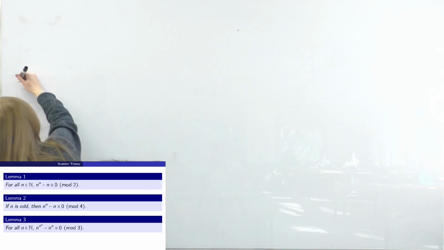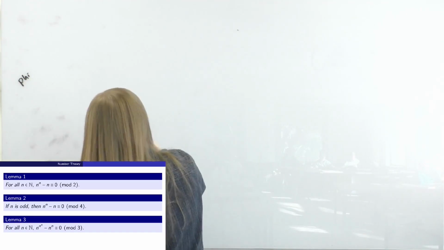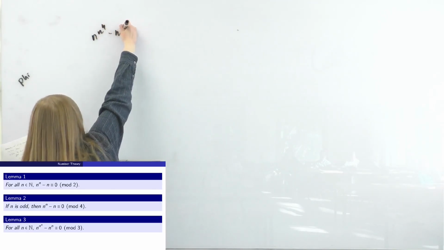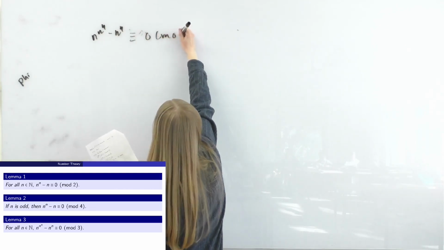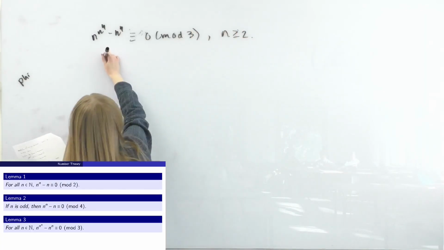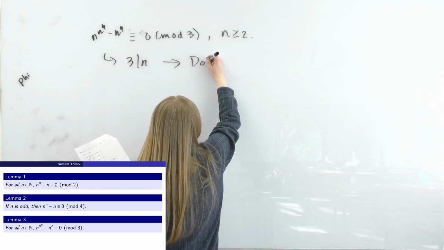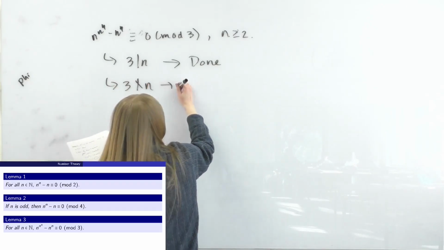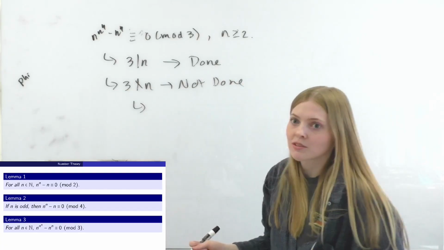We have n to the n to the n minus n to the n is congruent to 0 mod 3, where n is greater than or equal to 2. Maybe I forgot that, but it's important. So if 3 divides n, done. If not, you guessed it, we're not done.